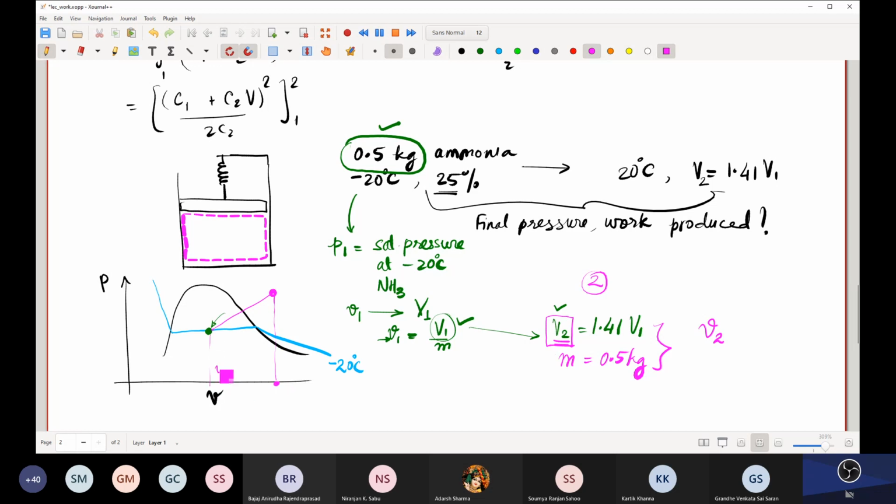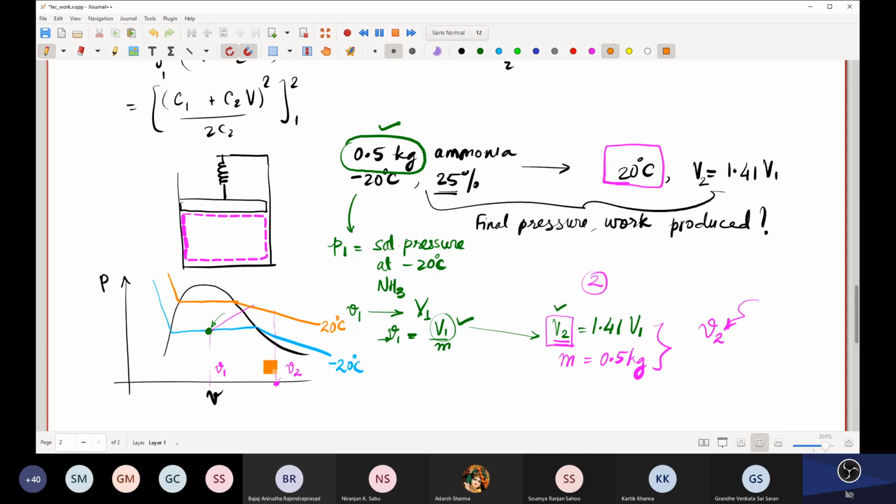So this corresponds to specific volume V1, and this corresponds to specific volume V2, because I can now determine V2. And the final state is at 20 degrees Celsius. Maybe I have drawn this a bit too far. In this PV plot, I should first draw the 20 degrees Celsius isotherm. So this isotherm is the 20 degree Celsius isotherm.